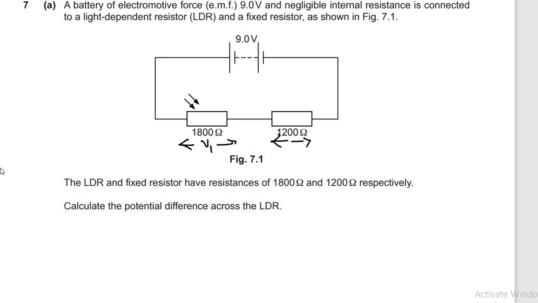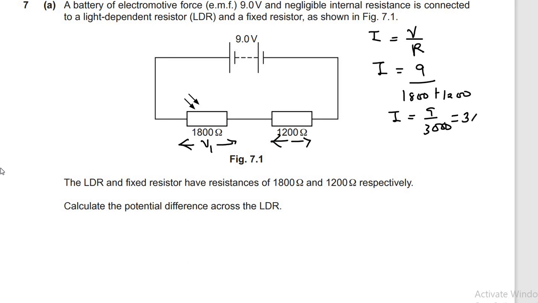Now let's find current first. Current is voltage over resistance. The voltage is 9. The resistors are 1800 plus 1200, so that's 9 over 3000. So the current in the circuit is 3 times 10 to the power minus 3 amps.